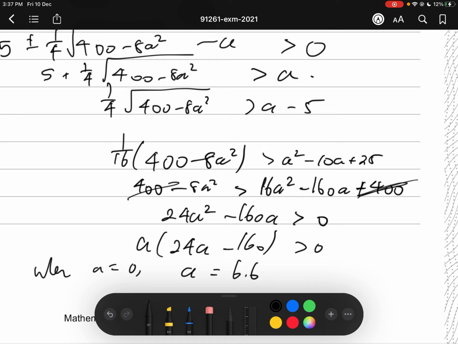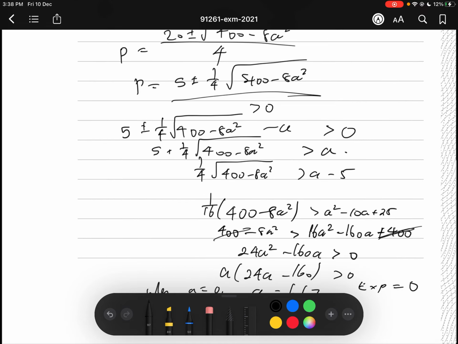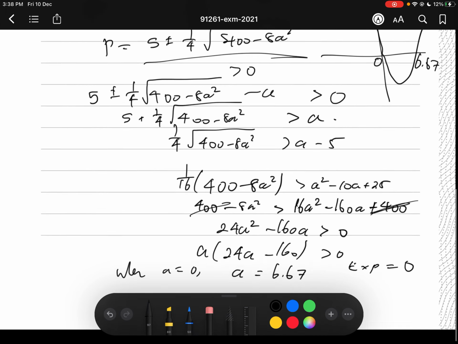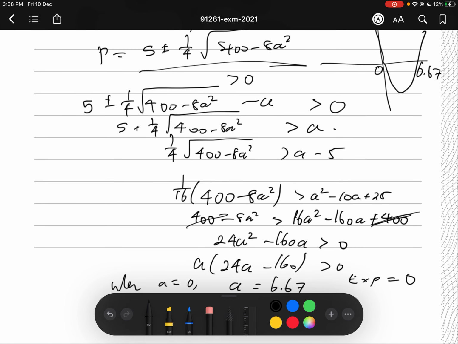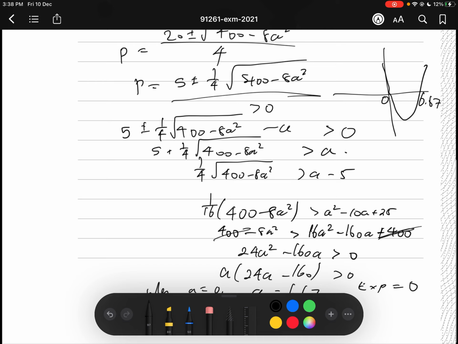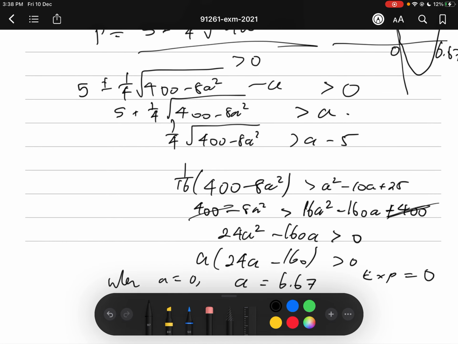So a equals 0 and a equals 6.67 make this expression equal to 0. If we draw a positive parabola, we can see where our roots lie. Sorry, that's not very accurate. That will be our 6.67 and that will be 0. Sorry, I made a mistake.